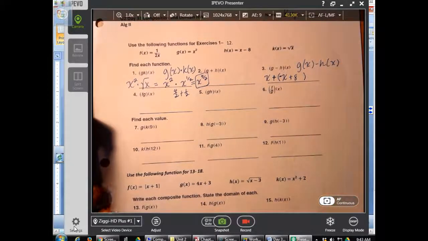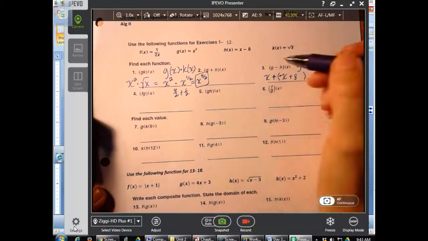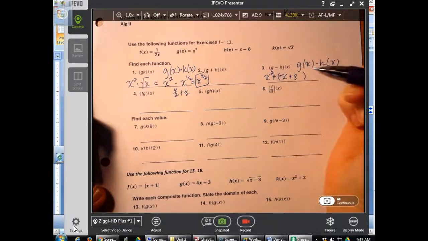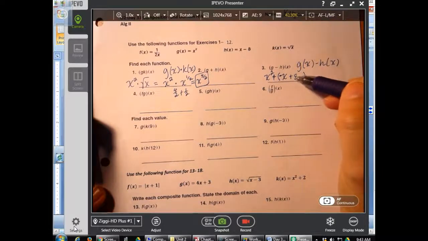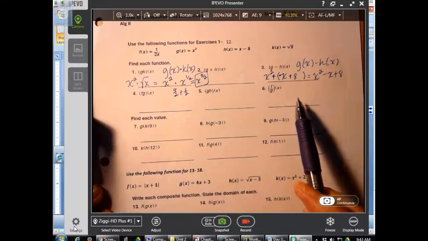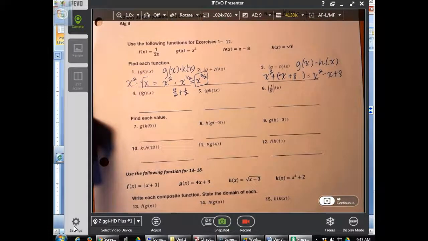So I'm going to change the signs inside there. Okay? So then I'm going to have g, which is x squared, minus x plus 8. So it's going to be x squared minus x plus 8. Okay, so this whole top section is all about just basically operations on the functions.